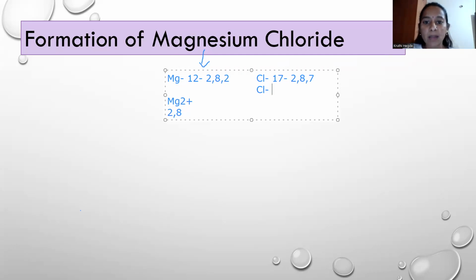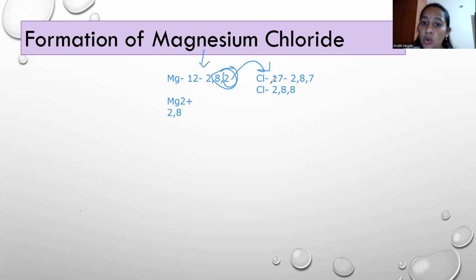It will become Cl minus with 2, 8, 8. So this magnesium is giving how many electrons? 2 electrons are given by magnesium to chlorine.